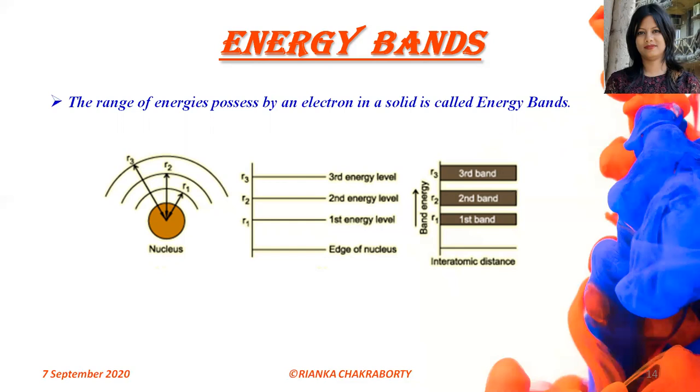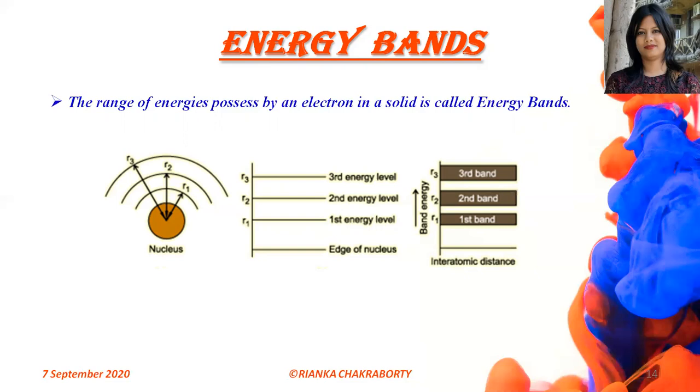Now, let me discuss the figure shown to understand the energy band theory clearly. The second figure represents the energy levels of a single isolated atom. Each orbit of an atom represents a single energy level. However, when an atom is in a solid, it can have a range of energies.